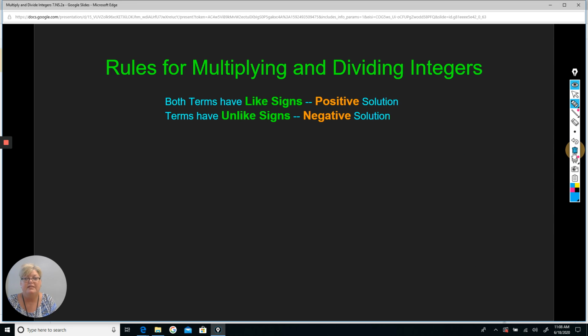Now, let's look at some divide problems just to get us going on that. -12 divided by 3. Let's look at this. Are these like terms or unlike terms? These are unlike terms. So what is my answer going to be? Is it going to be positive or negative? If they're unlike, it's going to be negative, and then 12 divided by 3 is 4.